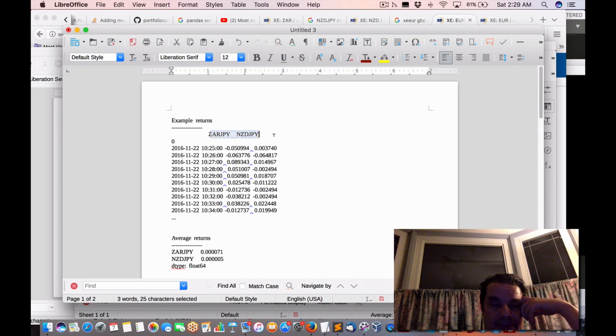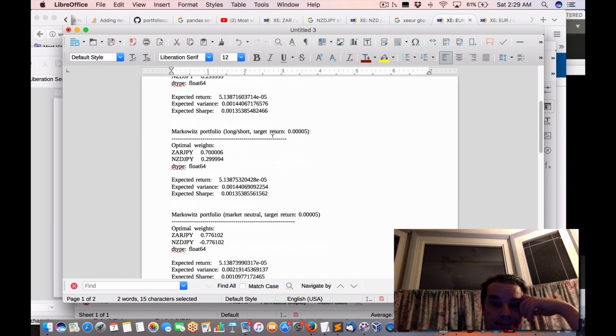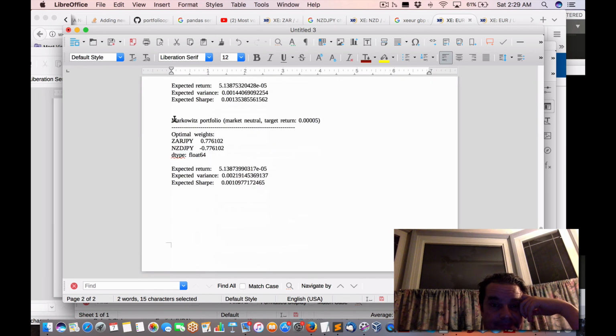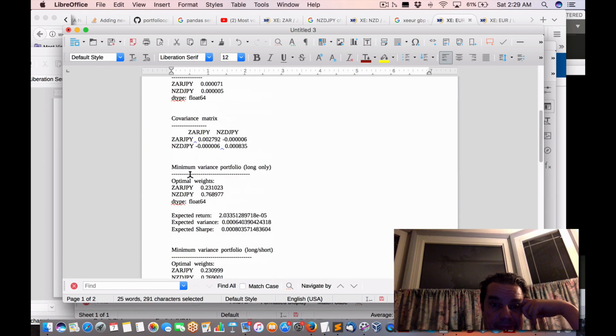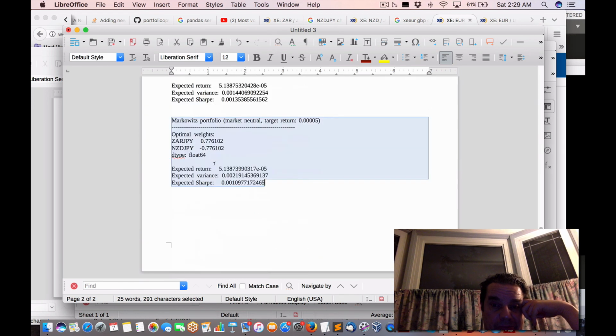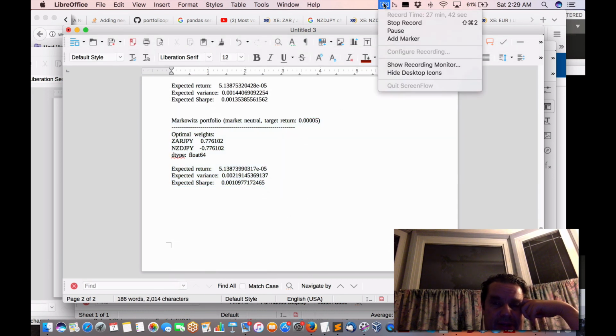So based upon these two, from what I'm seeing, market neutral for Markowitz might have a higher Sharpe ratio. Yeah. All right. Well, hopefully you can make heads or tails out of that, but let me know what you think later.